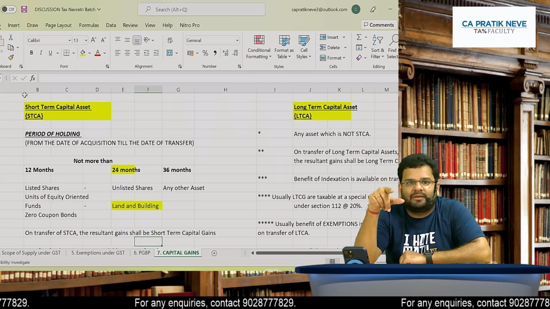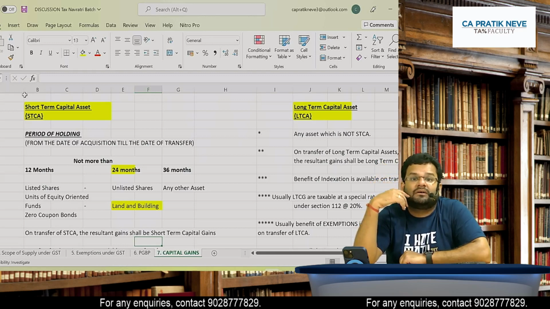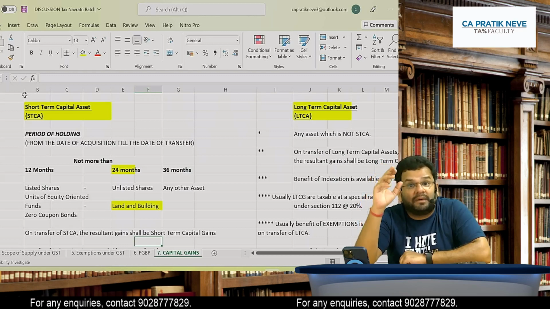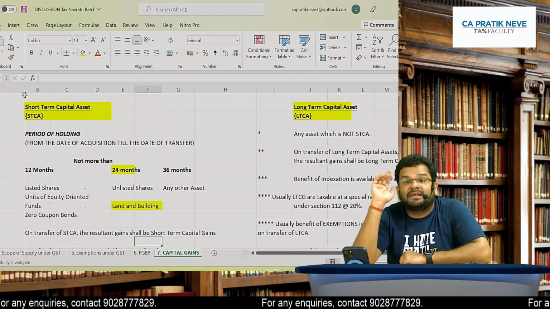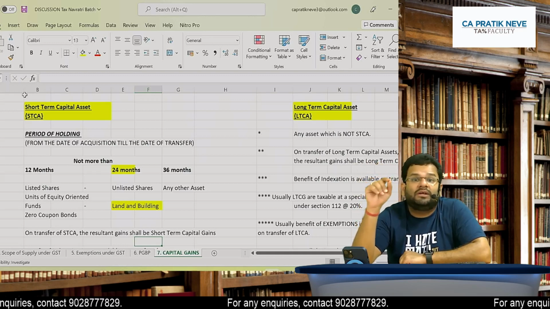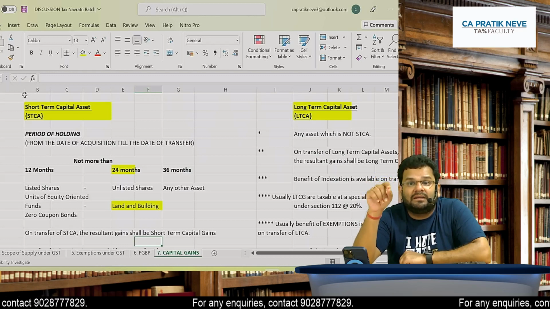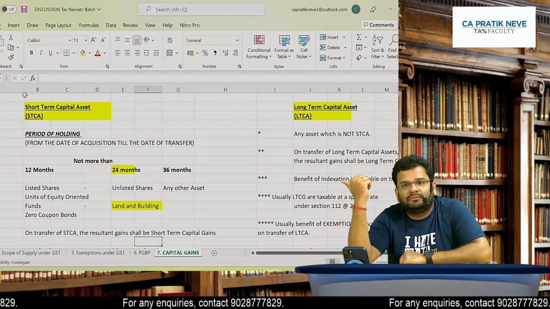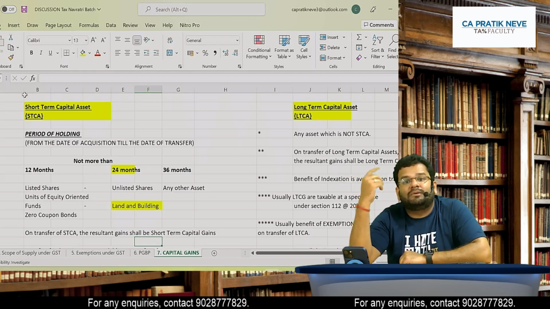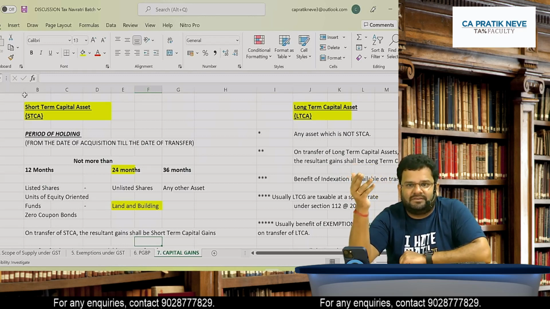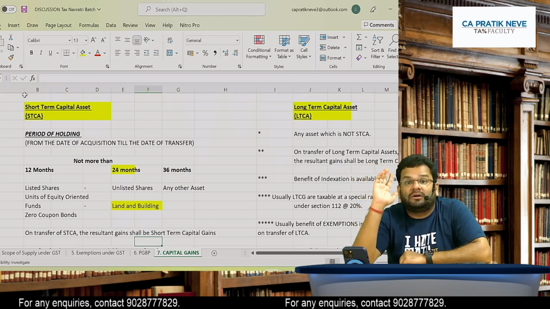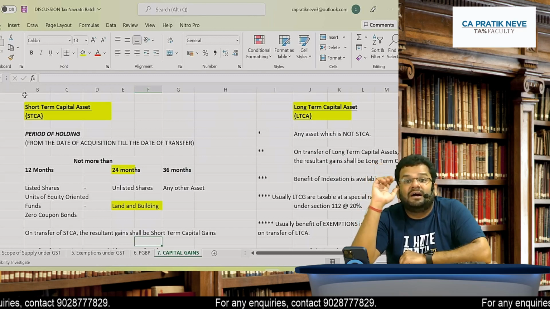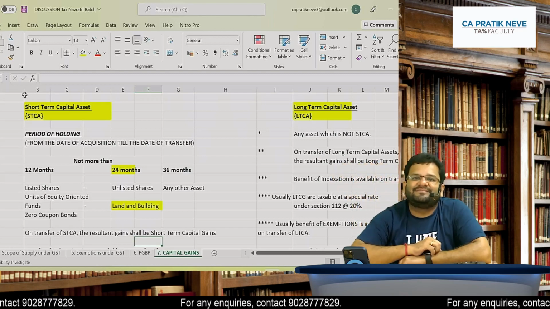Further, yes, Ketki, taxation benefits. But what taxation benefits? Indexation benefit. Further, you can claim exemptions. And finally, the rate of income tax on long-term capital gain is 20% as compared to short term. Short term is taxable at normal rates. Agreed? I am not discussing here about shares. For listed shares, things are different. I am discussing any other assets.